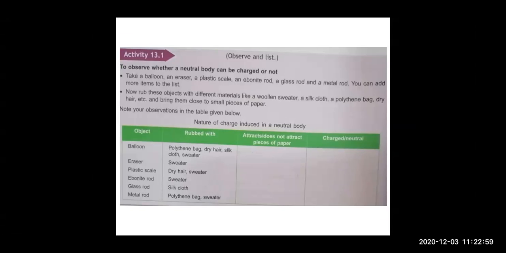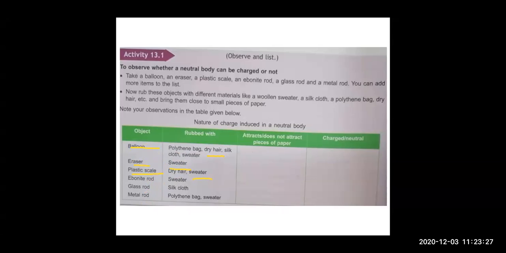The activity says that you are going to take a balloon, eraser, plastic scale, ebonite rod, glass rod and metal rod. And then you are going to rub them with different materials. Here the materials are given. You are going to rub the balloon with your dry hair. You are going to rub the eraser with your sweater. You are going to rub the plastic scale with your sweater or dry hair.